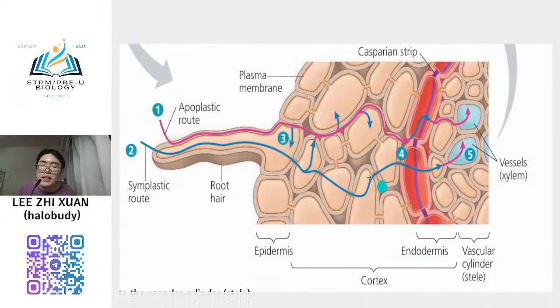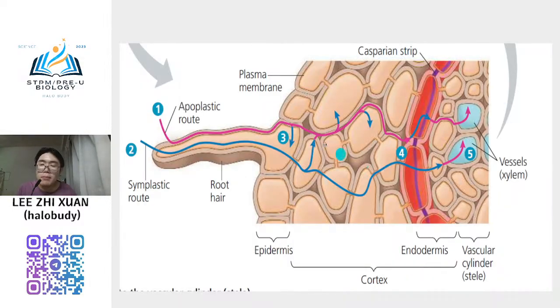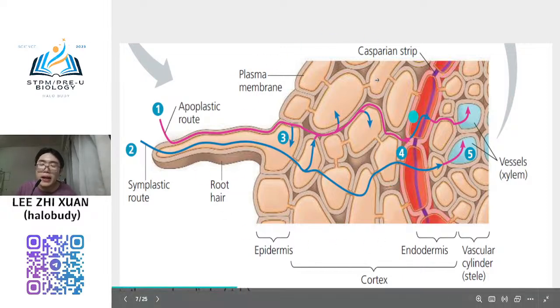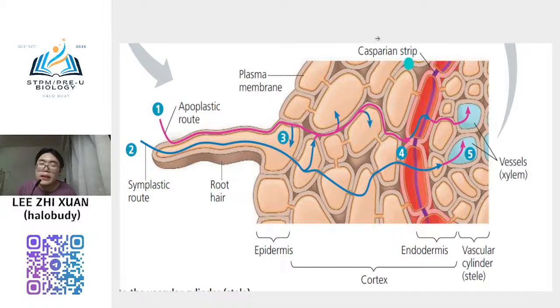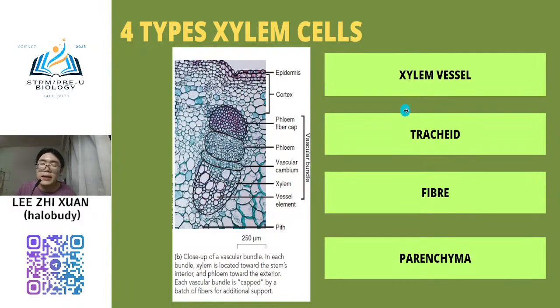If you see this diagram, this is our root cell, the root tissue. This is the part of the plant that absorbs water from the soil. So we know that the root absorbs water from the soil, but how does it absorb water? How can the root absorb the water? So this is the topic that you need to learn.